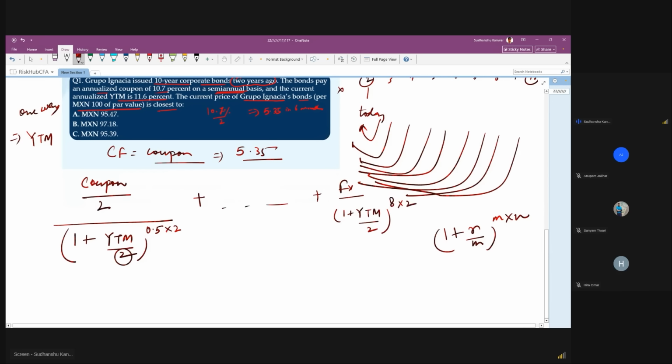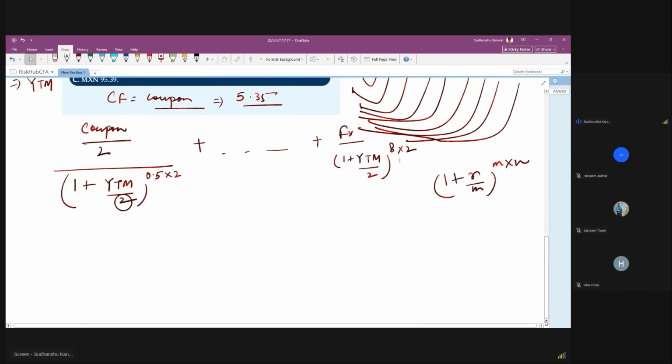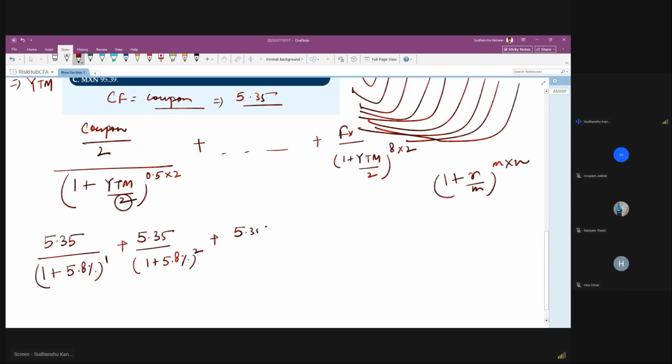So the equation that comes out is: 5.35 over 1 plus 5.8% raised to power 1, plus 5.35 over 1 plus 5.8% squared, plus 5.35 over 1 plus 5.8% raised to power 3, plus 5.35 over 1 plus 5.8% raised to power 4.